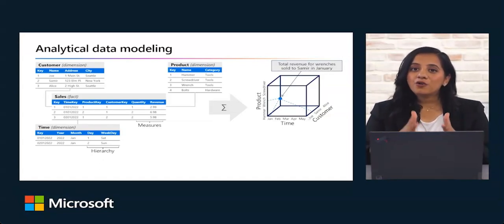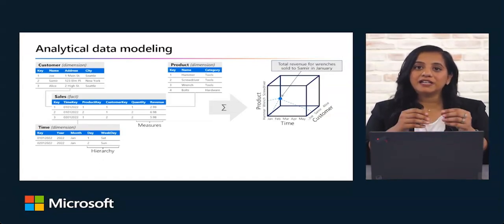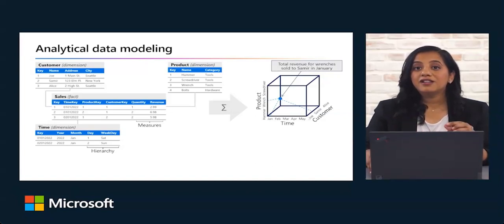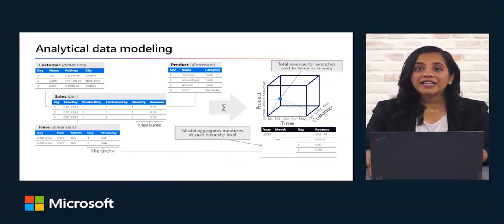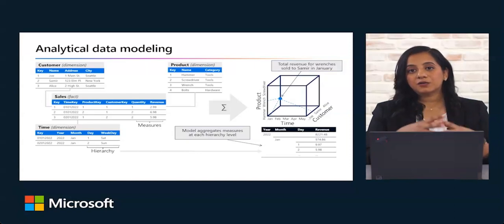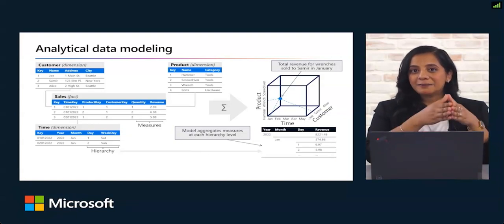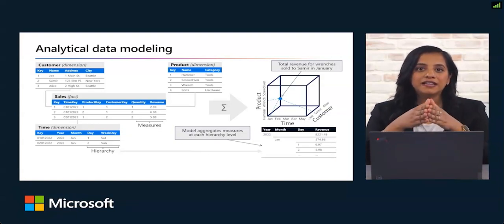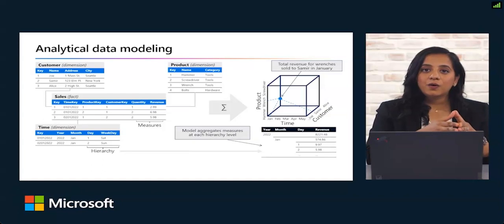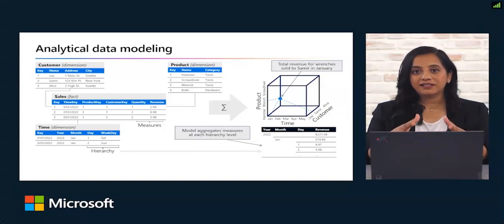It's common in most analytical models to include a time dimension so that you can aggregate numeric measures associated with events over time. The numeric measures that will be aggregated by the various dimensions in the model are stored in fact tables.